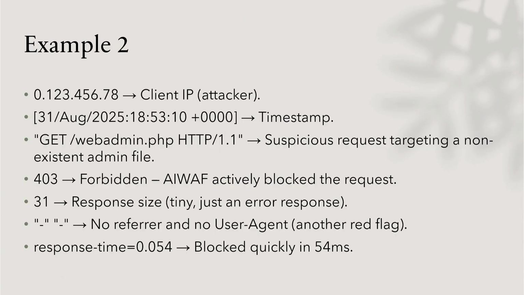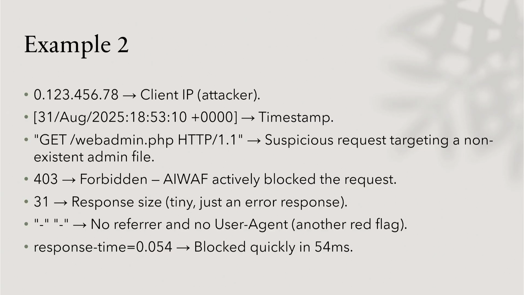Okay, in this one, you would notice a few things going on. You have your client IP and your timestamp, but it's tracing back to a PHP file, and we know this is a Django app, so that does not exist.